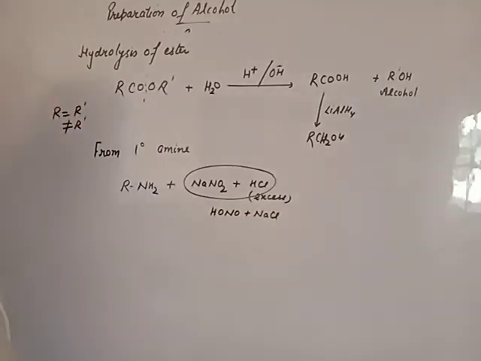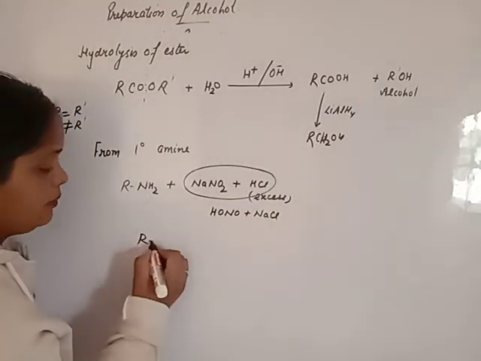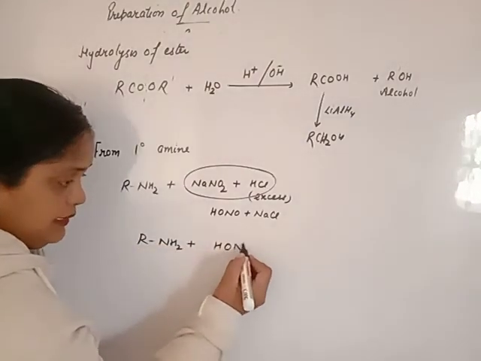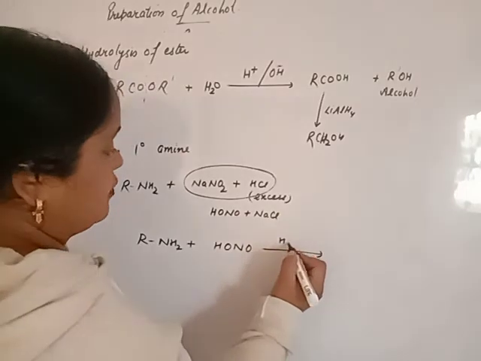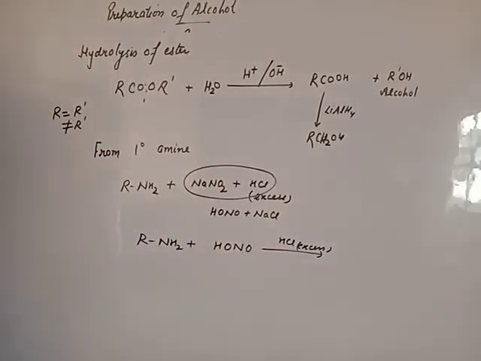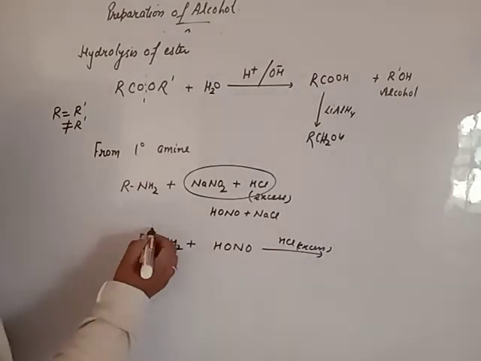NaCl is removed as it is, and the primary amine reacts with nitrous acid in the presence of excess HCl. If you forget the excess of HCl, it is okay, no problem.